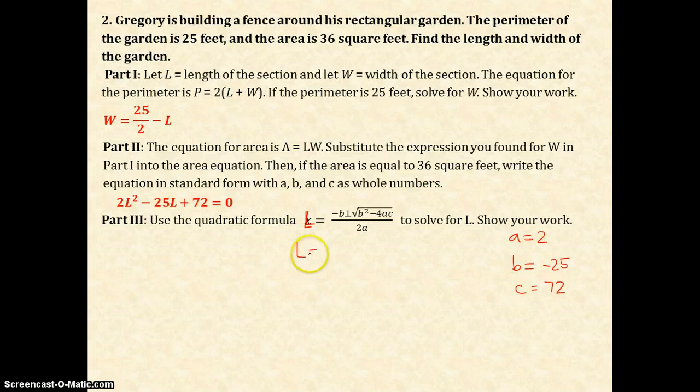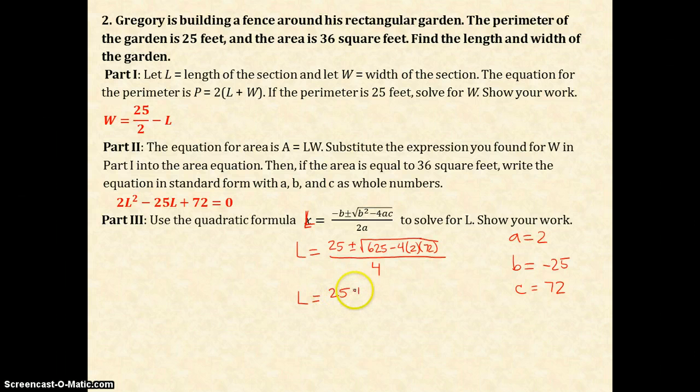So L equals negative B, so that's the opposite of negative 25, positive 25, plus or minus the square root of B squared. Negative 25 squared is positive 625, minus 4 times A times C, all over 2A. 2 times 2 is 4.